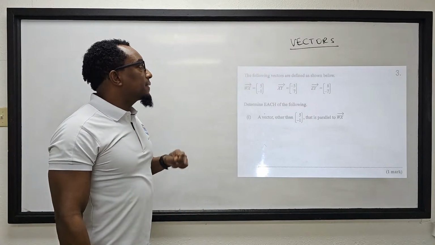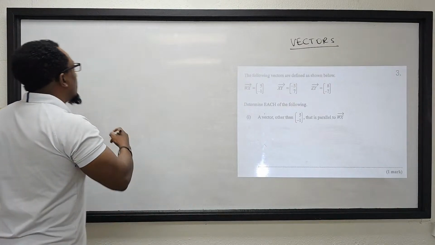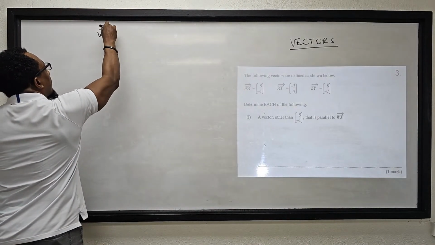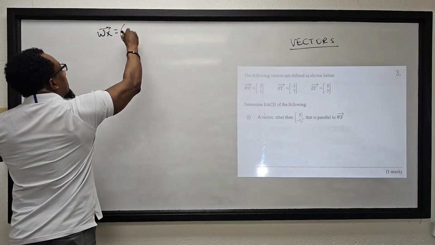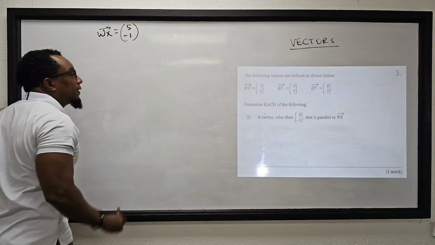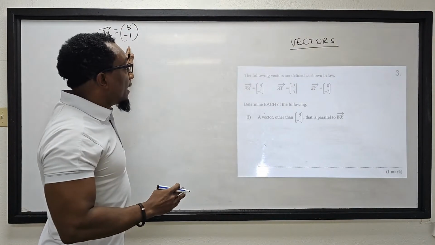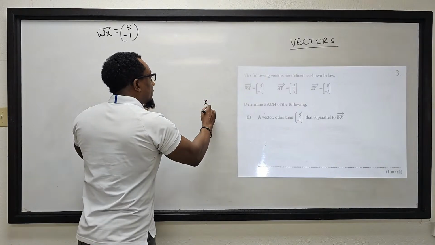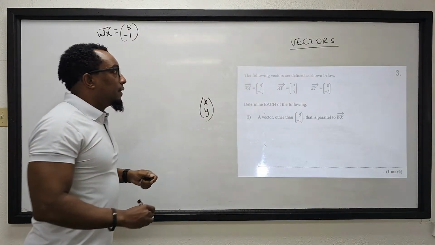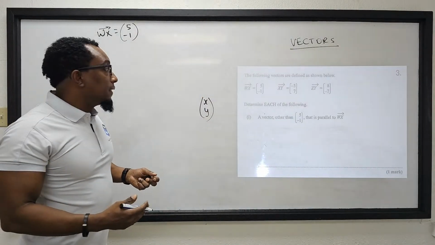So, the following vectors are defined as shown. Vector Wx has magnitude 5, negative 1. This is the magnitude in terms of column vectors, and a column vector always looks like this. So you deal with position vectors.